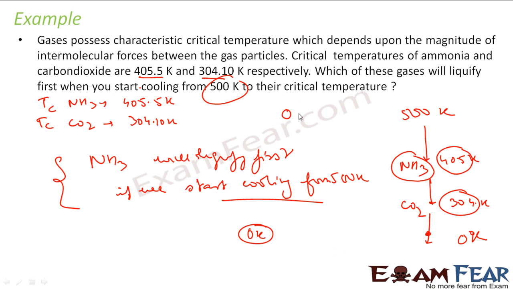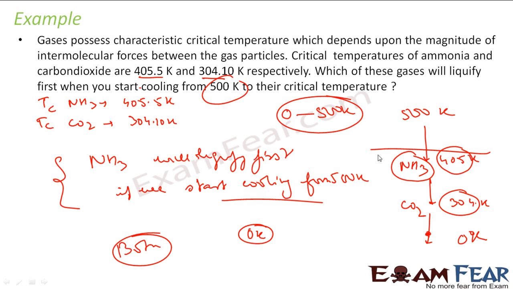So if the question says you start at 0 Kelvin and heat to 500 Kelvin, which will liquefy first? It is not carbon dioxide alone, it is both. Because at 0 Kelvin itself both will liquefy, given that we have proper pressure. Our condition is anything below this. So if you start from 500 K, at 405 K it will be satisfied for ammonia but not for carbon dioxide. So ammonia will liquefy.